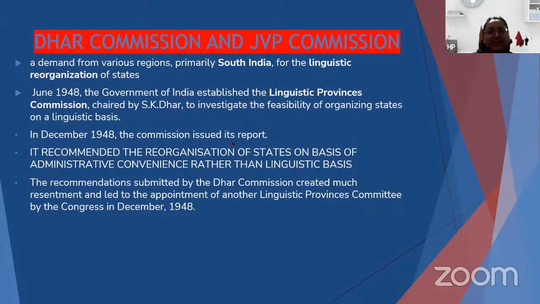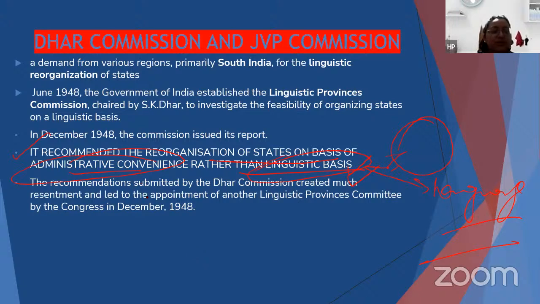It literally rejected the theory of linguistic basis and it said कि आपको administrative convenience, कि किस स्टेट को हम किस तरह से एडमिनिस्टर कर पा रहे हैं उस बेसिस पे हमें उसको रीऑर्गेनाइज करना चाहिए, हमें उसे लिंग्विस्टिक बेसिस पे, लैंग्वेज बेसिस पे रीऑर्गेनाइज नहीं करना चाहिए. Okay, so what it recommended: the basis is administrative convenience. किसको एडमिनिस्ट्रेट करना कितना कन्वीनियंट है rather than कि उसका लिंग्विस्टिक बेसिस क्या है.